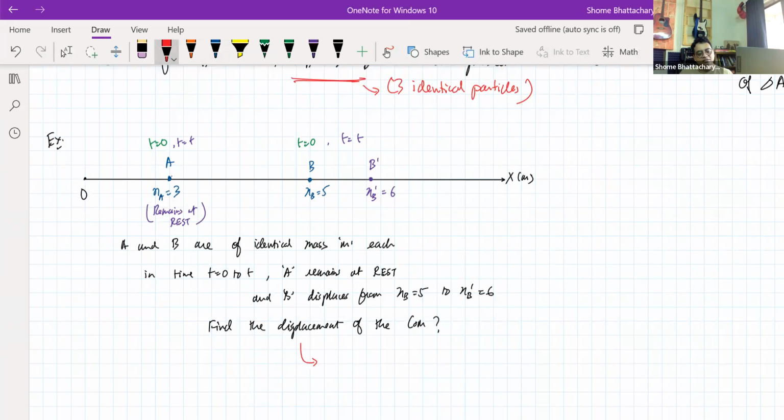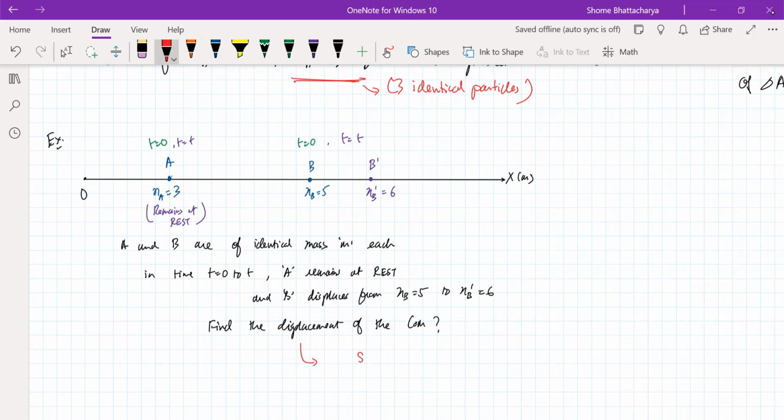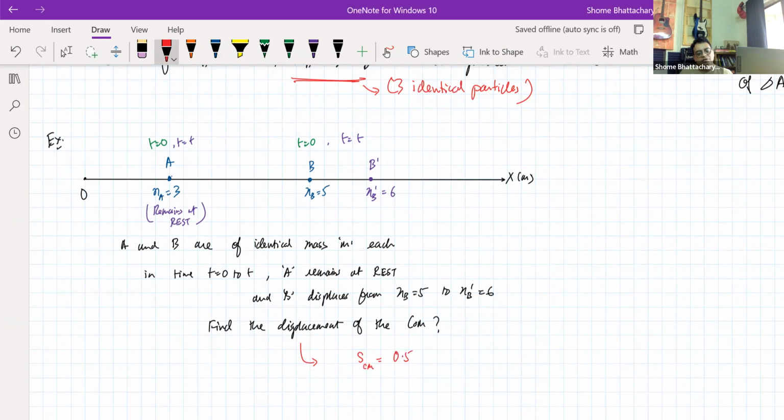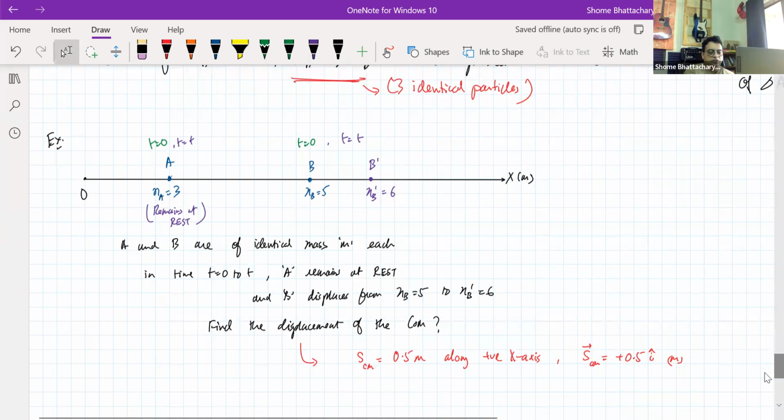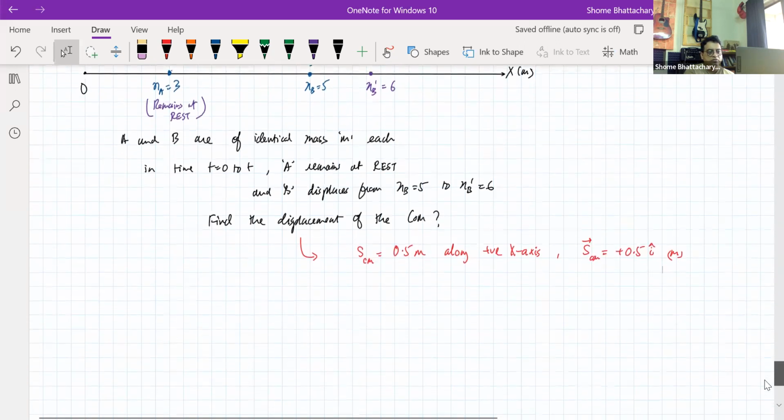The answer we will get is that the displacement of the center of mass is 0.5 meters along the positive x-axis. Or if we want to write it in vector form, like this. So one way of solving this is that you just locate the position of the center of mass initially and then find it again at t equal to t.